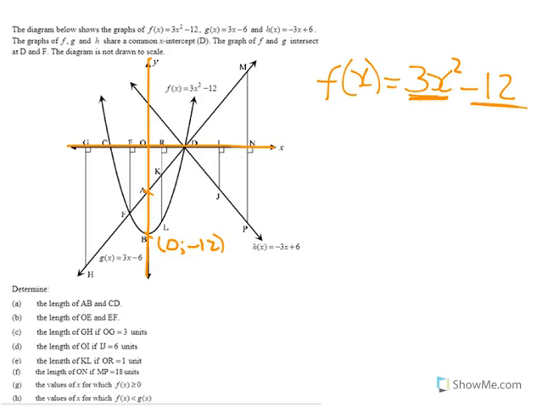And then A is the graph of y is equal to 3x minus 6, meaning that the y-intercept is at minus 6 as well. So this is a straight line that has also been steepened and then moved down by 6 units. So we can see from there that the y-intercept would be (0, -6).